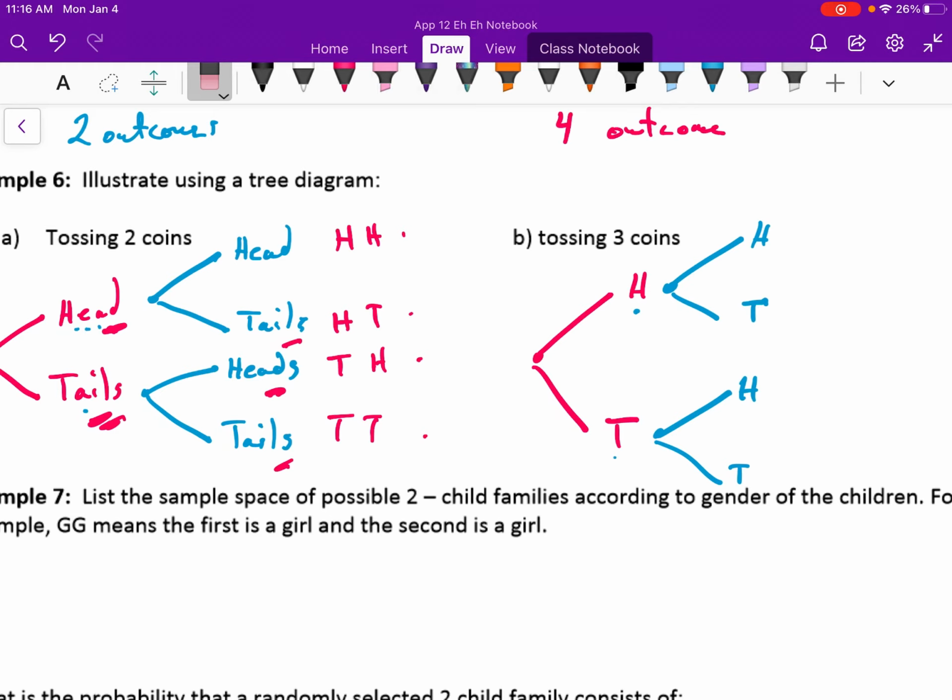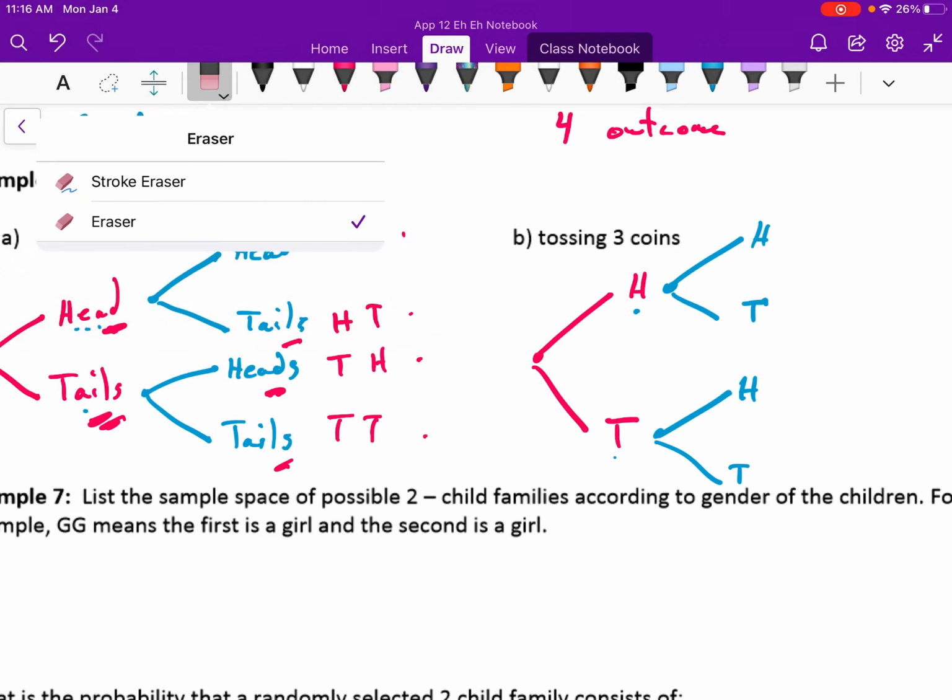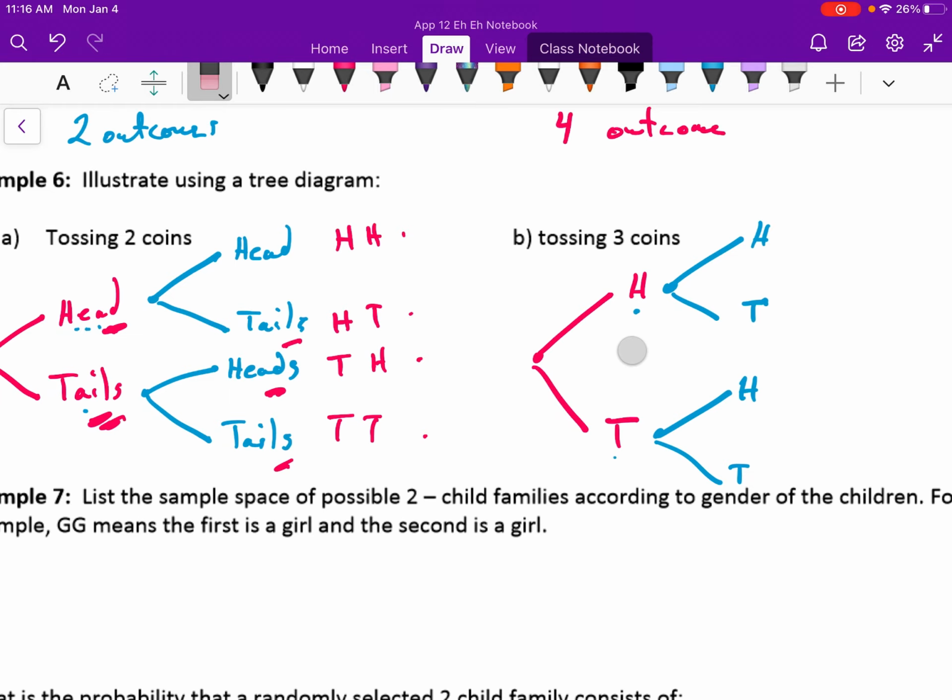So here, this signifies flipping a heads, and then up here, this would be heads heads, heads tails, tails heads, tails tails. We're not done because I have to flip another coin. So maybe I'm going to use orange.